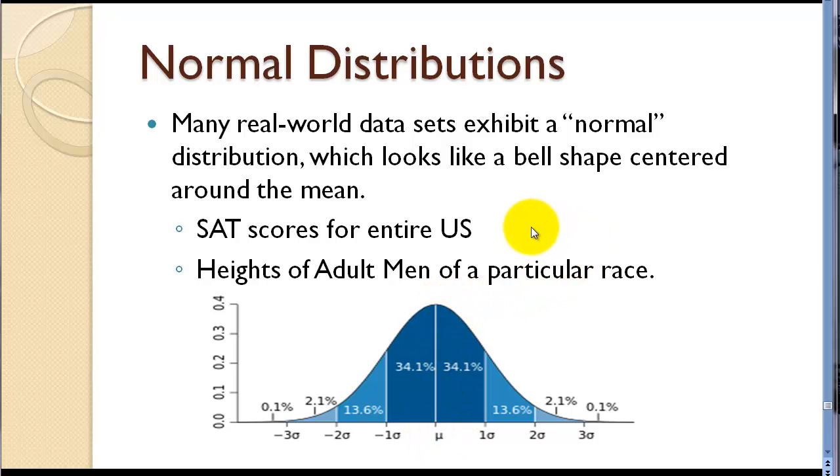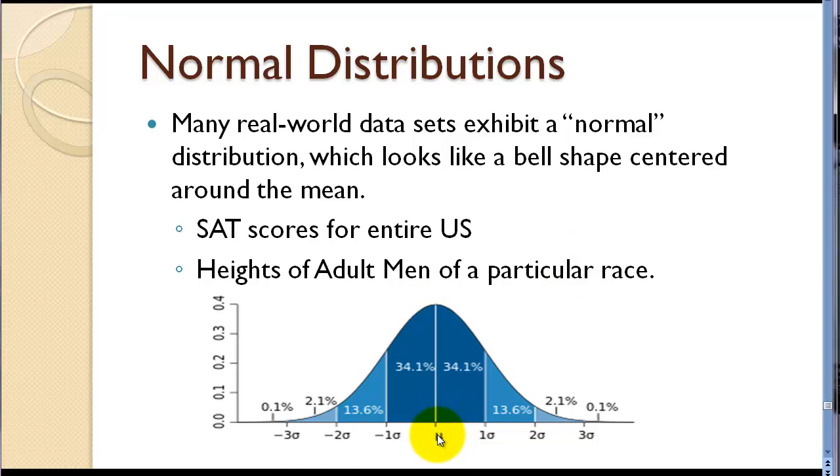Many of you will be taking the SAT test soon, and when you're comparing the SAT scores for all the students in the entire U.S., if we plotted all those scores, it would have this shape, as well as if we were collecting the heights of all, say, the adult men, say white adult men in the United States, and plotted their heights, that would also have this shape.